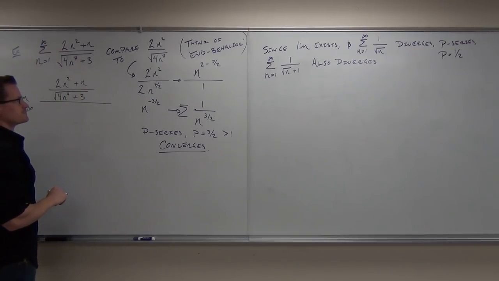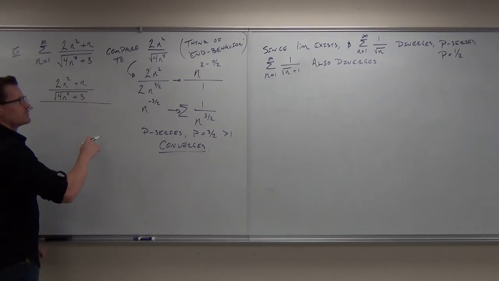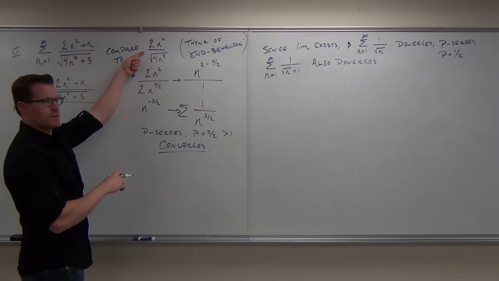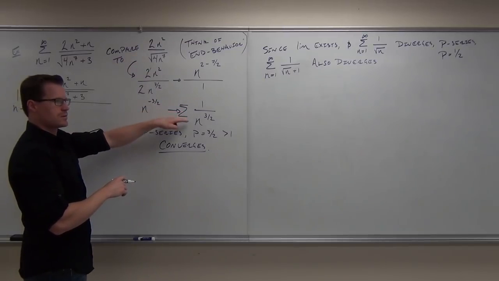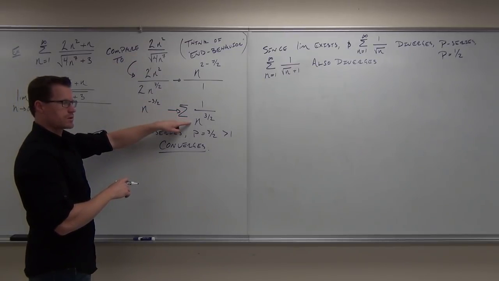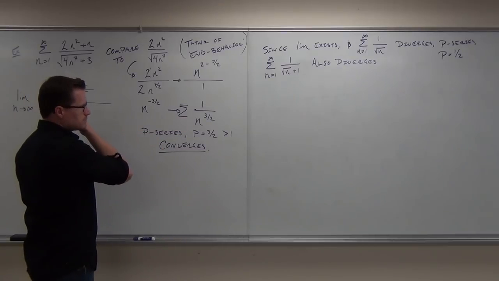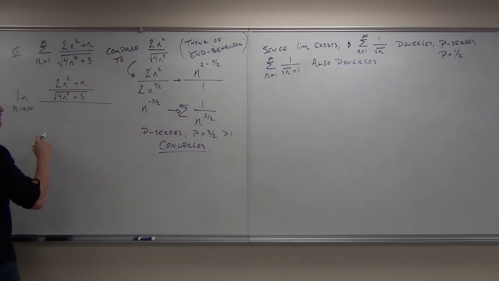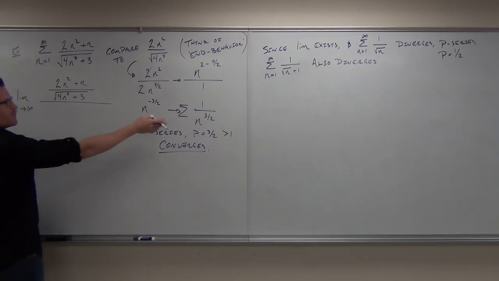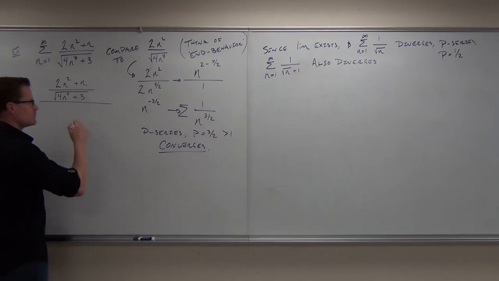The end behavior, 1 over n to the 3 halves. You could even use this one. Whatever you want. I don't think it really matters which one you use. I'd use that one because it's nicer.